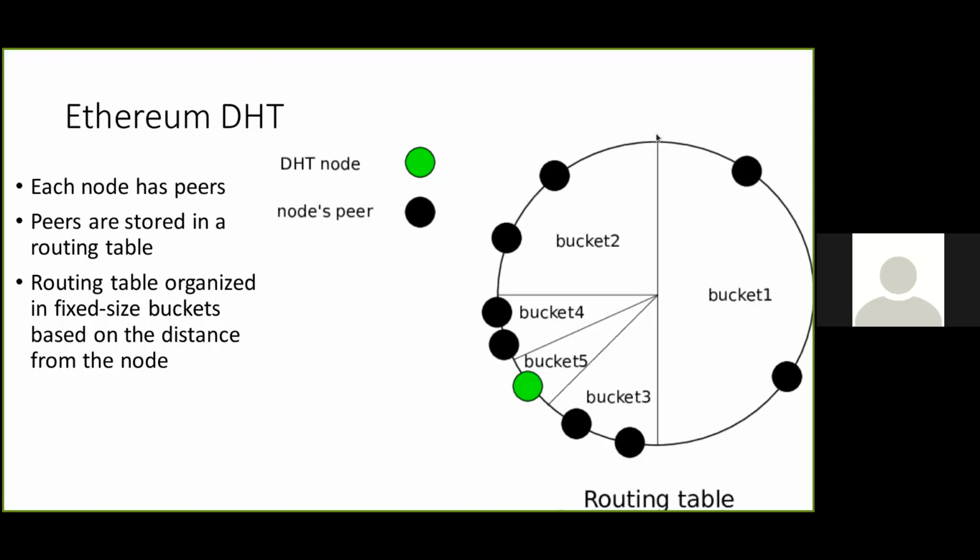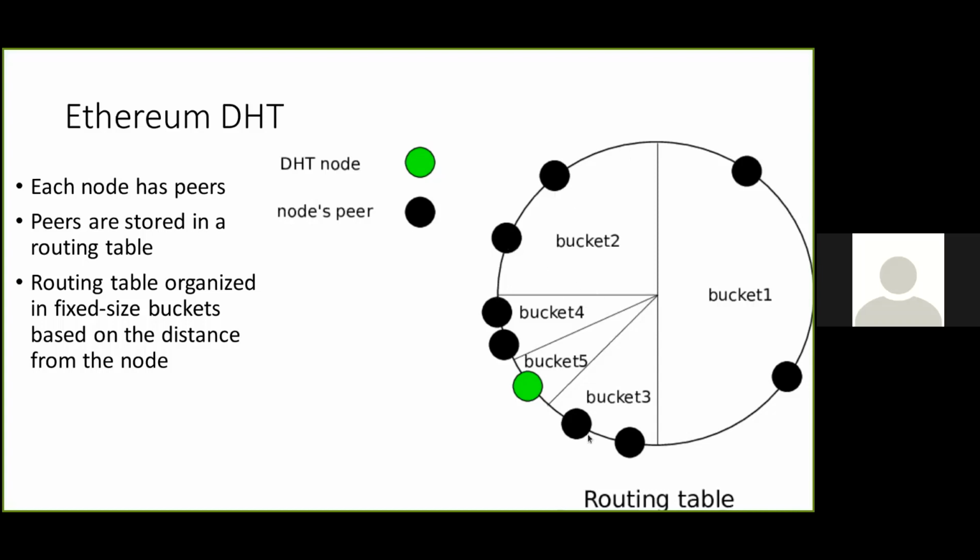But then we'll, at the beginning, take the whole half space. We will cut it in half. The first half we'll call bucket 1, and then we'll try to find a fixed amount of nodes, let's say 2 in this case, and place them in this bucket. Then the remaining part, again, we cut it in 2. This will be our bucket 2, and again we try to find at least 2 peers in this bucket.